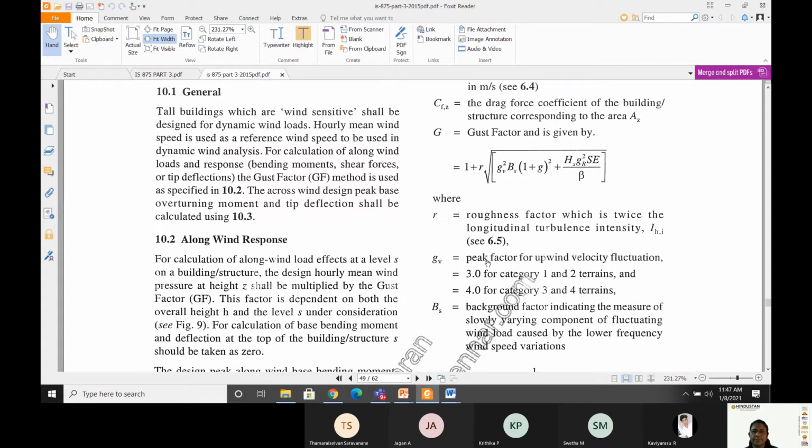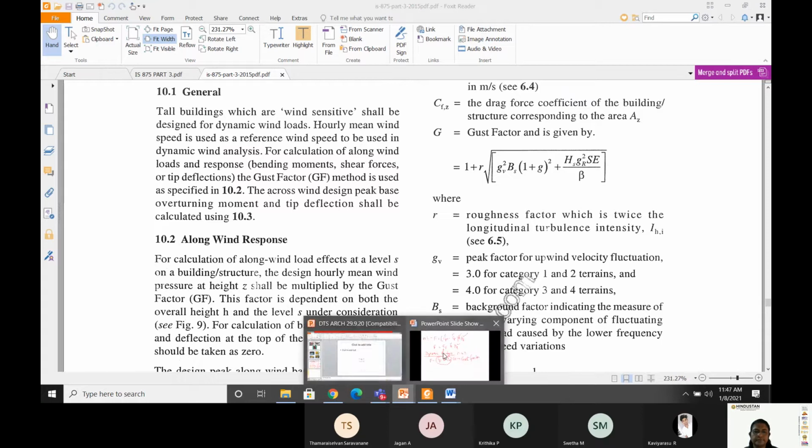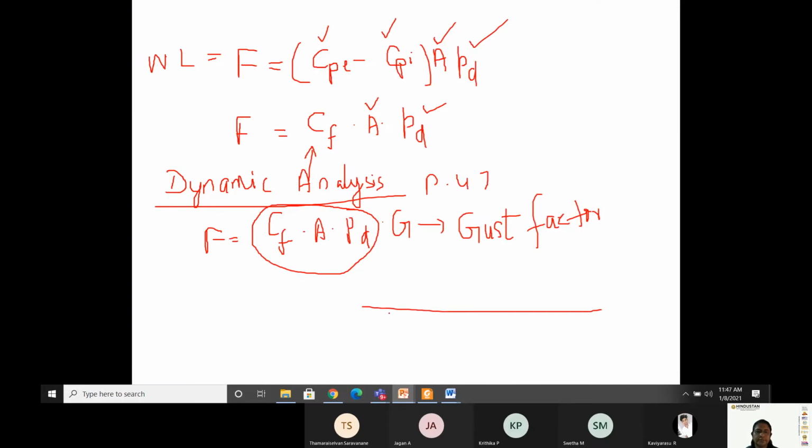g is the peak factor. The velocity fluctuation has to be taken into consideration. There is another term called B. B is called the background factor, indicating the measure of the varying component of the fluctuating wind load. When you measure using an anemometer, this is how your wind load graph will come.